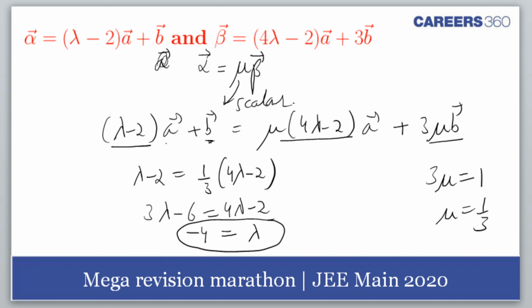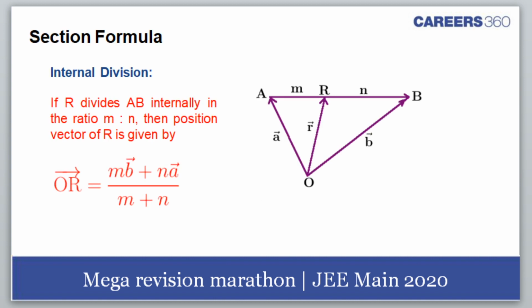Then we move on. Hello, students. Wait on. We are supposed to do scalar triple product, dot product, cross product. So just hang on. Internal division. As in coordinate geometry, in the same way we have internal division and external division in vectors as well.